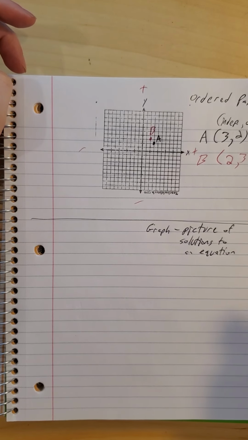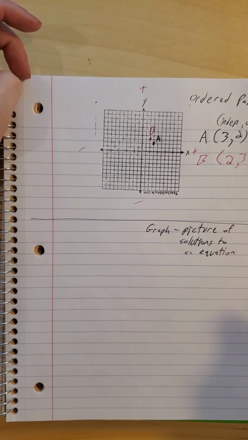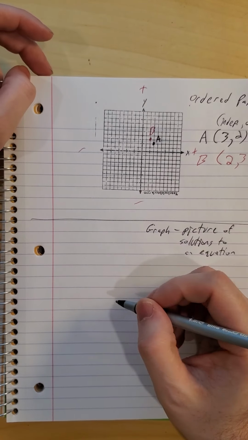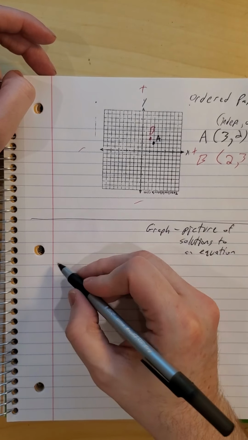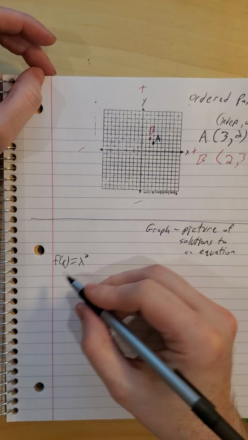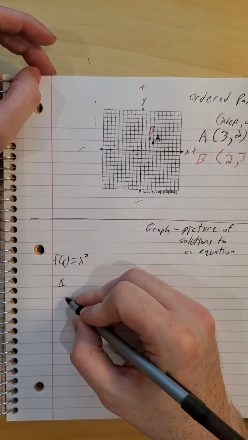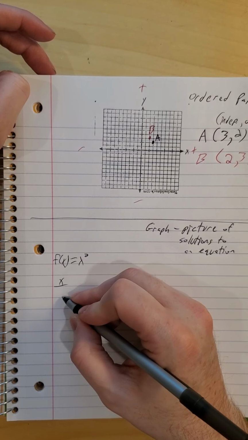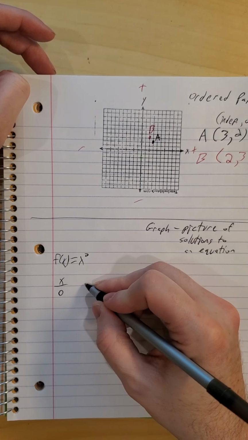So it's just a picture of the answers that'll work for a particular problem. So we'll start with f of x is x squared. So I like to kind of start at 0 and work my way out from there.